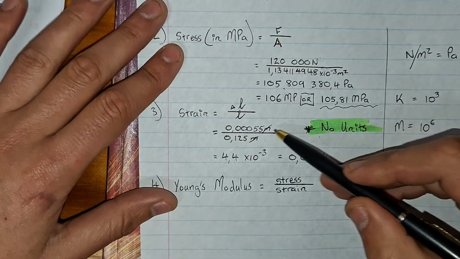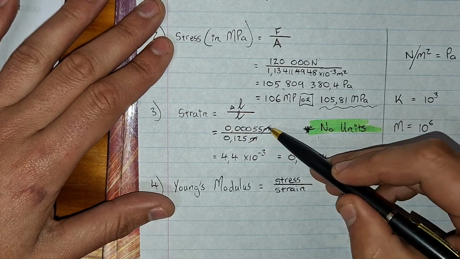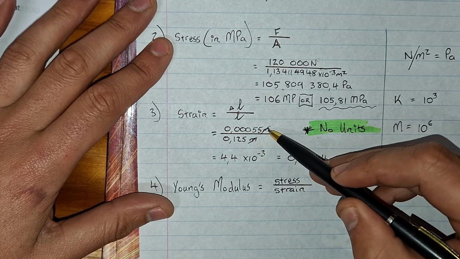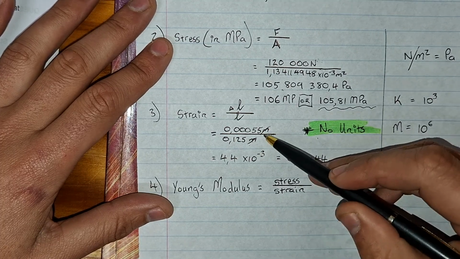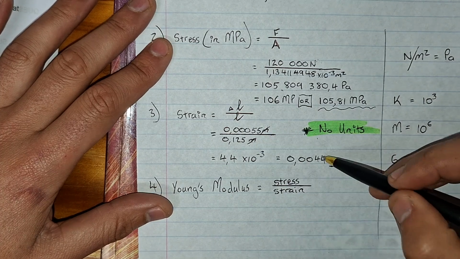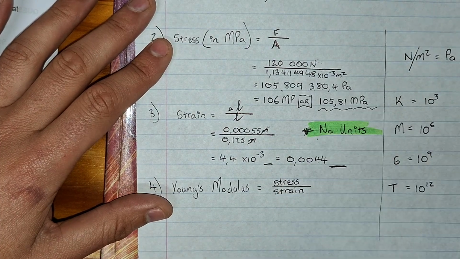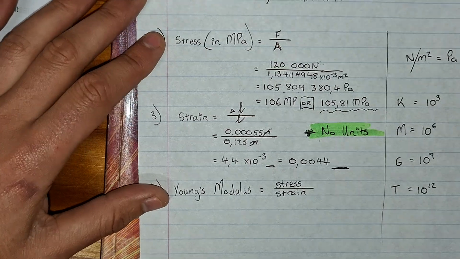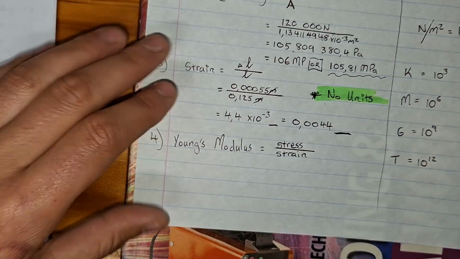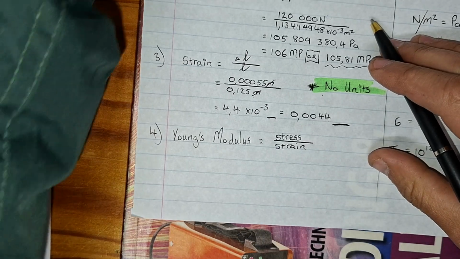Always make sure that the units for both of the numerator and denominator are the same. Then they cancel with each other, which means that the final answer would have no units. Okay. Finally, you are asked to calculate Young's modulus, which is stress divided by strain.